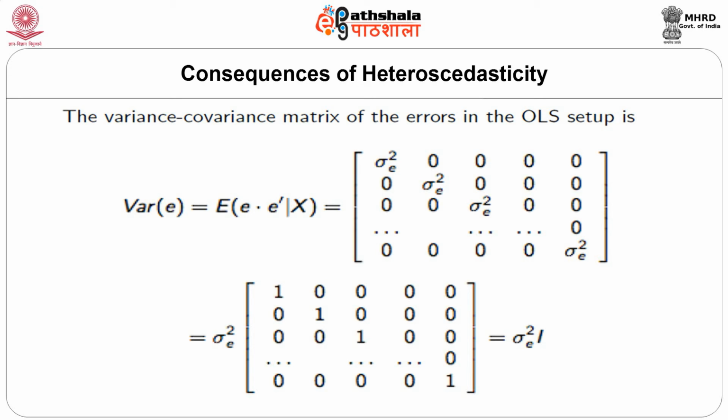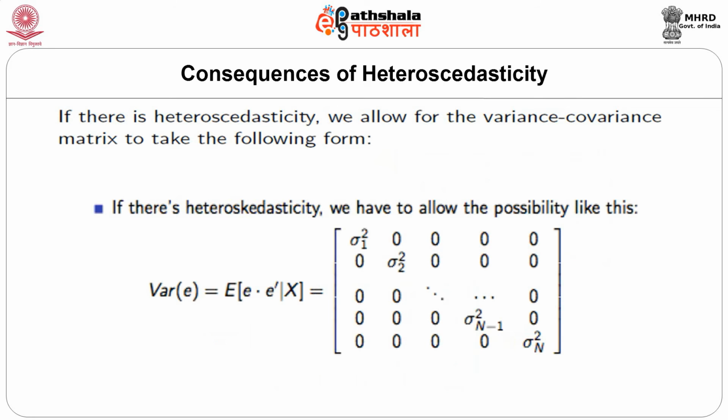Now, if we pull out sigma e square, we have the variance of the errors as sigma e square times an identity matrix I. Now, if there is heteroscedasticity, we have a variance covariance matrix of the error term which is a diagonal matrix with the diagonal elements sigma 1 square, sigma 2 square, sigma n square for E1, E2 and En the error terms, and all the off diagonal elements are 0.